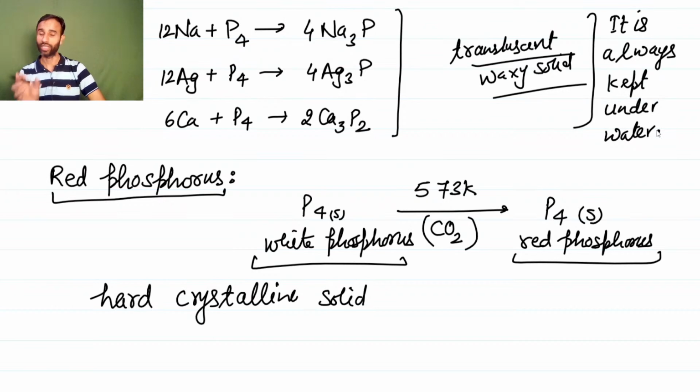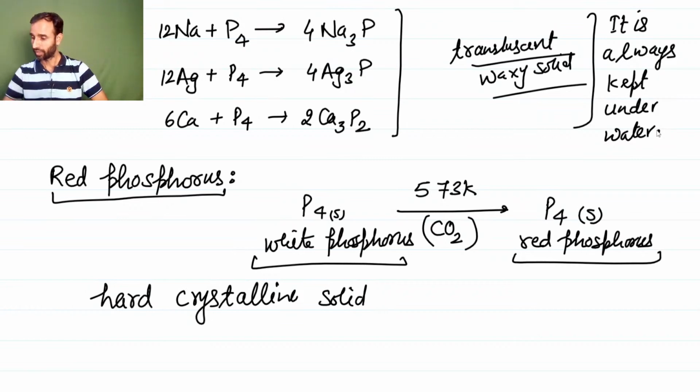Because it is insoluble in water and at the same time that saves it from air. Otherwise, if it is placed in air, it catches fire. I told you that phosphorescence, chemiluminescence takes place. Okay.